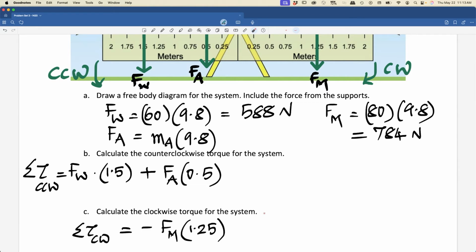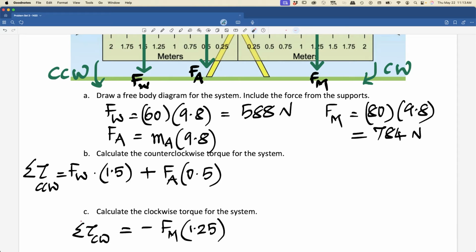Now similarly, you have to calculate the clockwise torque for the system. Clockwise torques are taken as negative. So whenever you calculate a clockwise torque, put a negative before you do the math.